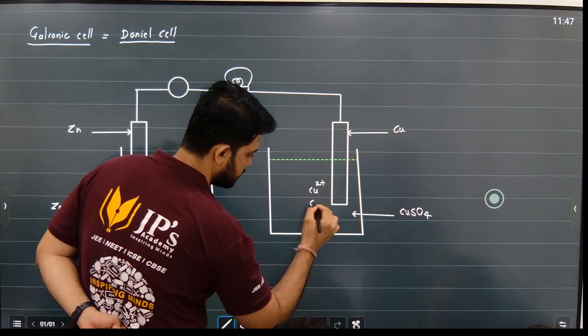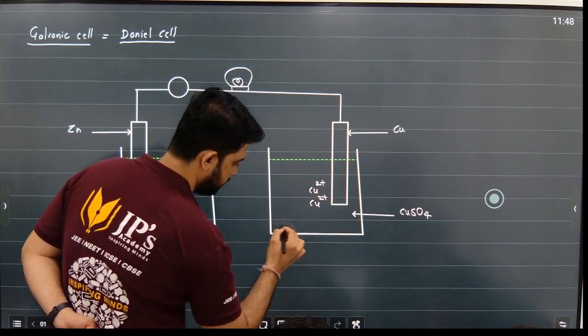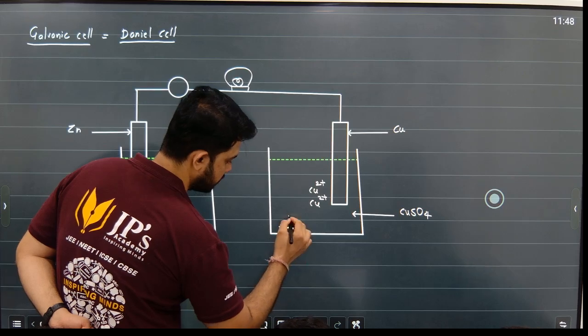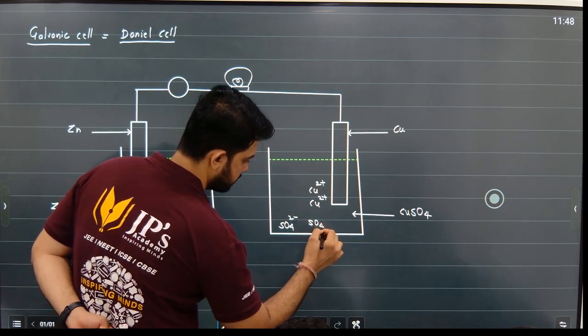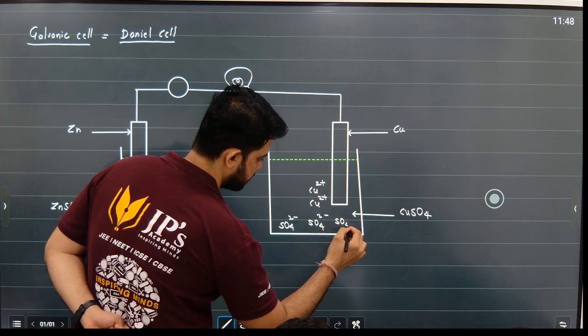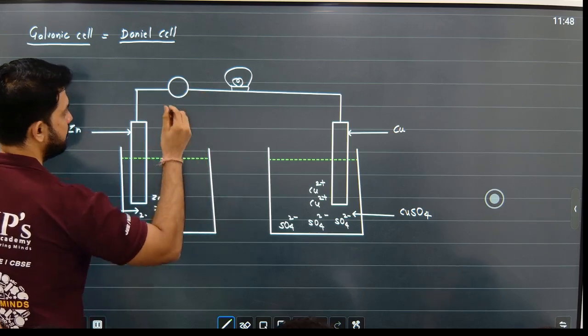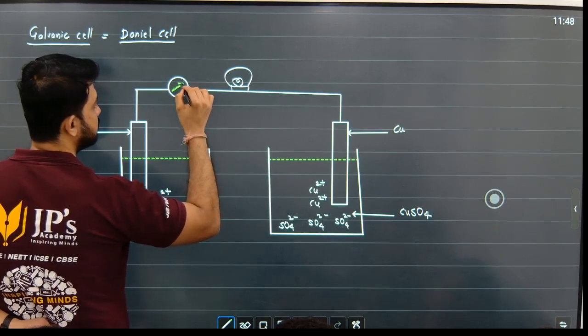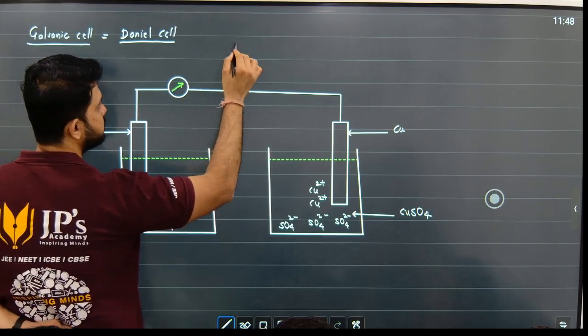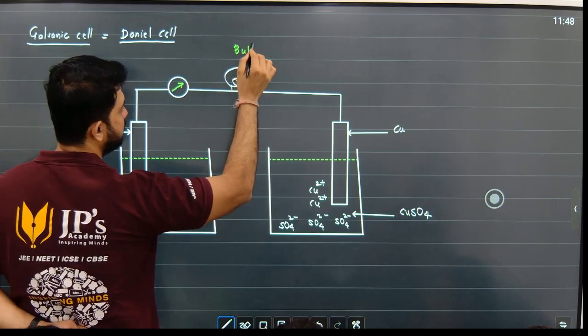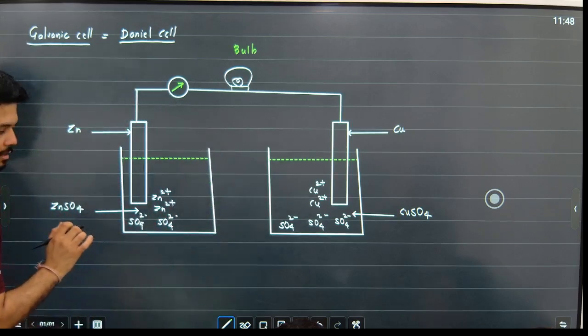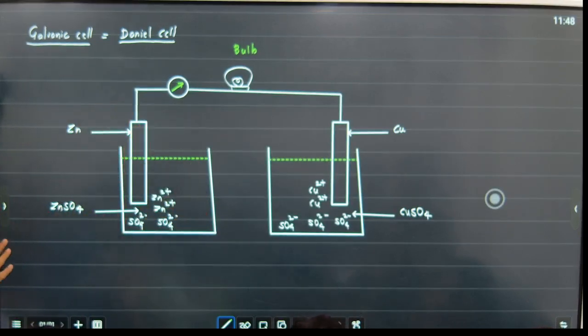Cu2+ ions and SO4 2- ions. They are connected externally. You have a voltmeter to measure current, and what we also have, people, is a bulb. Everyone got the basic setup? Any questions in the basic setup?